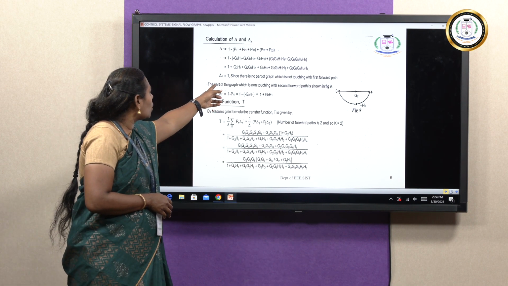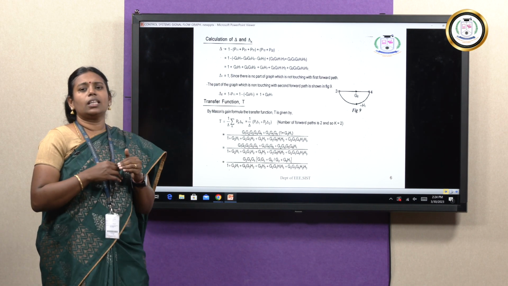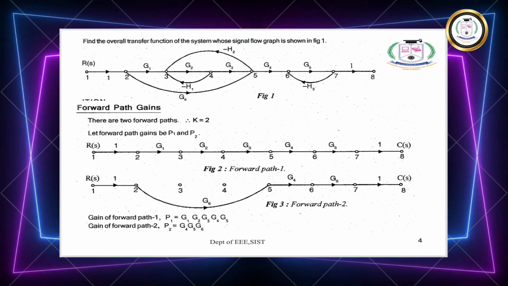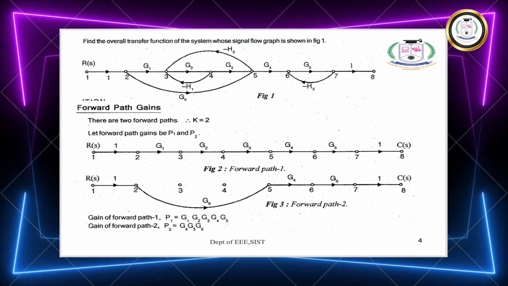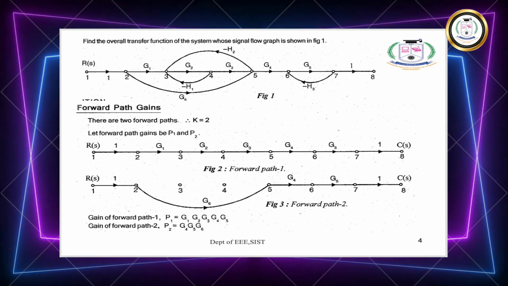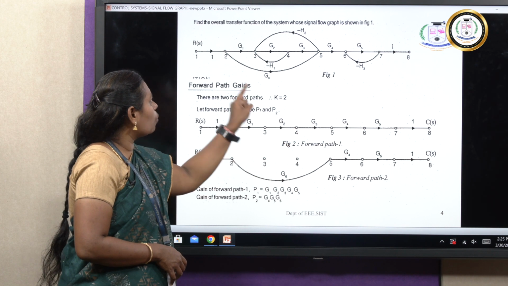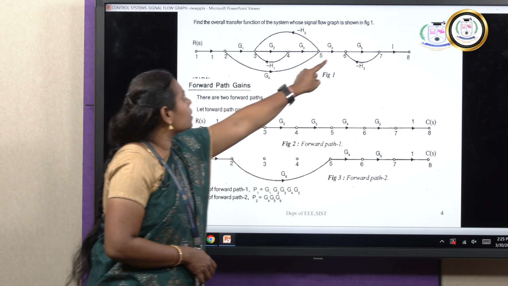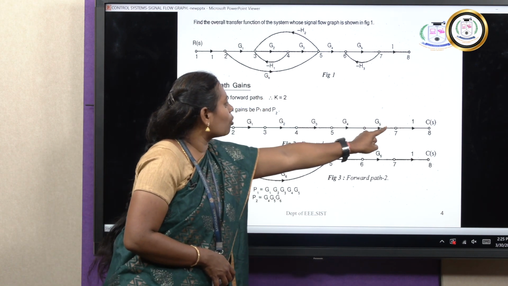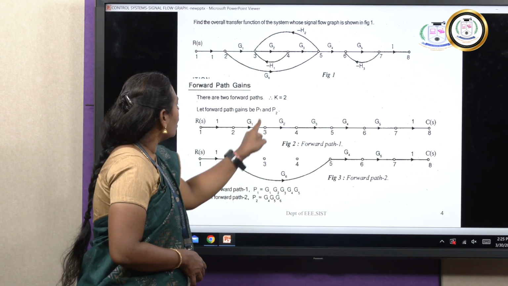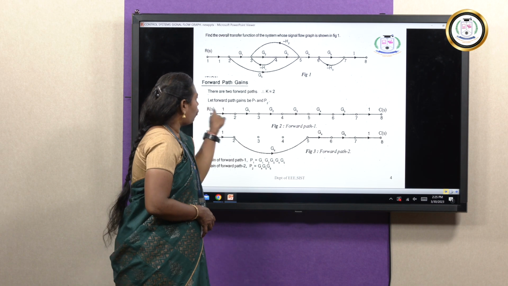So, del 1 equal to 1. That means you have to see the first forward path. In order to find del 1, take the first forward path. In this problem, we have three individual loops: 3 and 4 is touching this forward path, so we can't consider this loop. Then 6 and 7 is touching this forward path, we can't consider this one. Then 3, 4, 5 is also in this forward path.